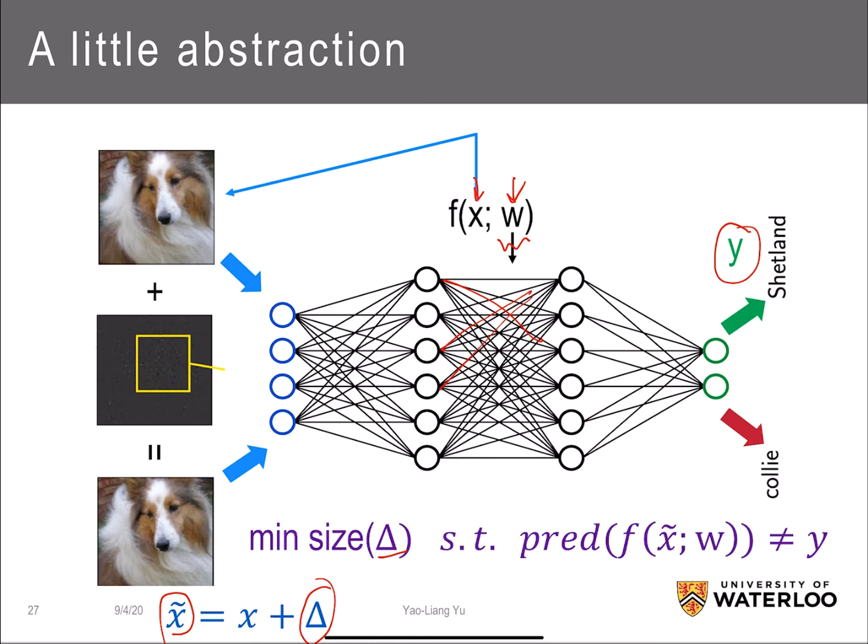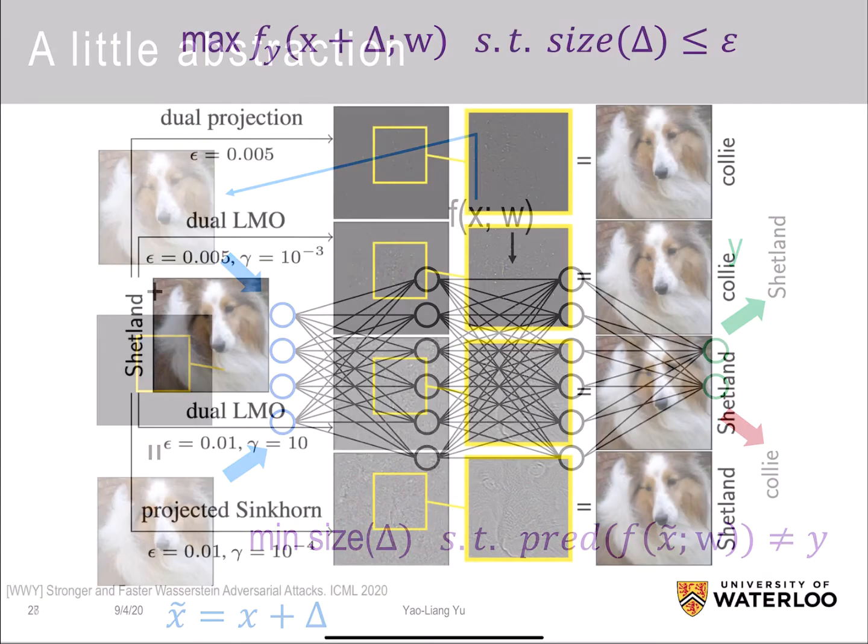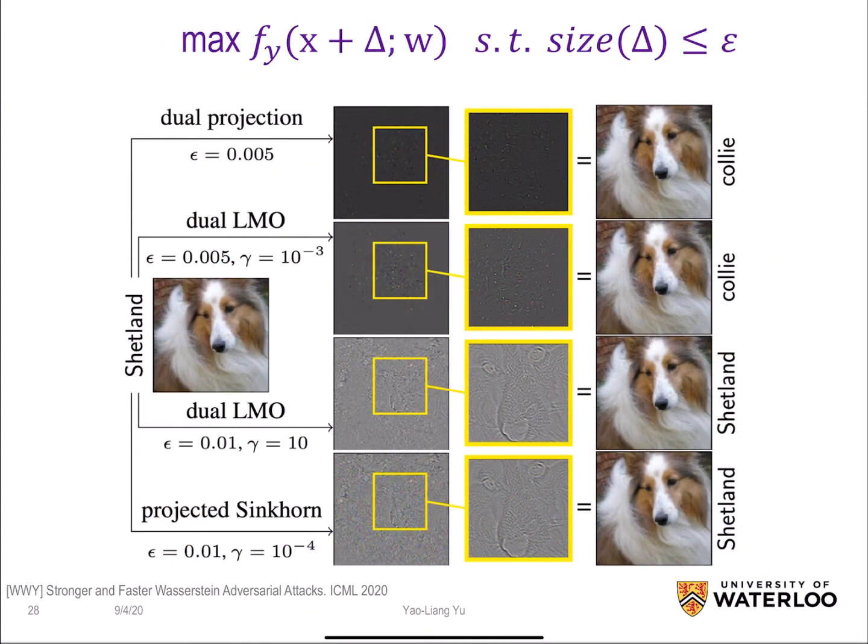I want to find a small perturbation such that after I perturb the image, the network will make a different prediction, a wrong prediction. I want to fool the network by adding the minimum amount of perturbation. So this can be formalized as the following: maximize this subject to the perturbation being small.